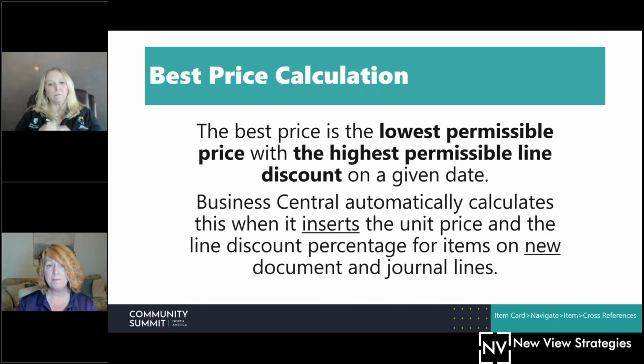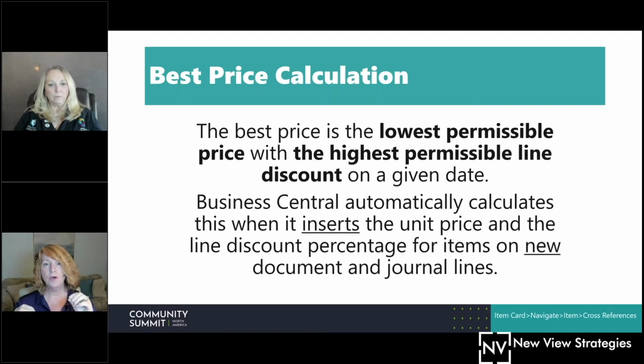What that means is, let's say on the sales side, your customer is going to get the lowest permissible, or I like to say possible, price, as well as the highest permissible discount. It's a combination, right?